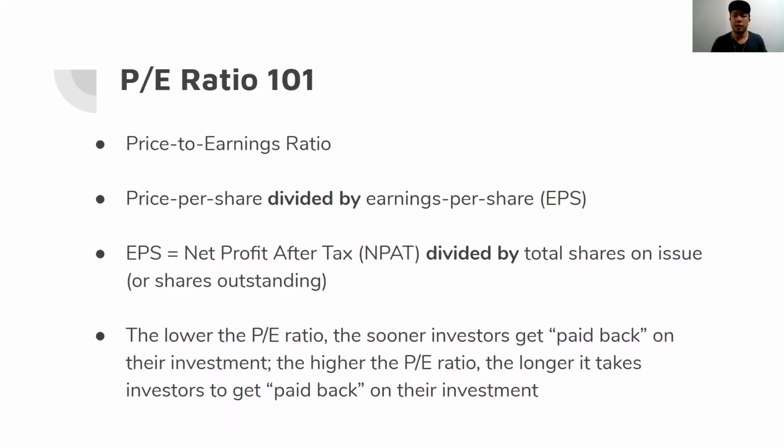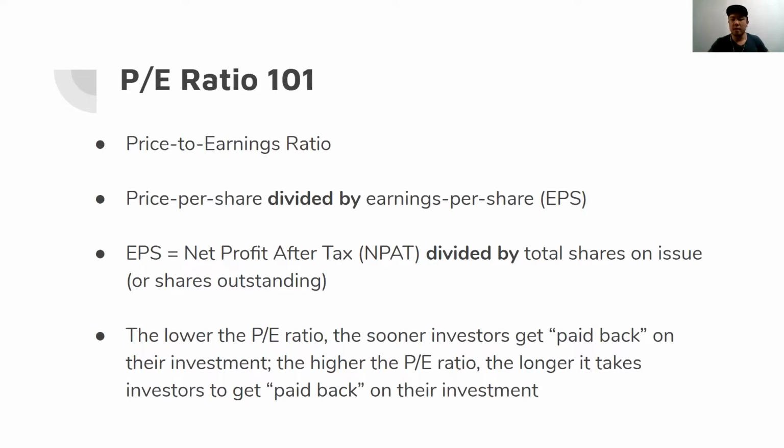In theory, the lower the price to earnings ratio, the sooner you as the investor get paid back on your investment, because the whole purpose of investing is to get more money than what you put in over time. Theoretically, the lower the PE ratio, the better, because you're paying less for the earnings that a company makes.